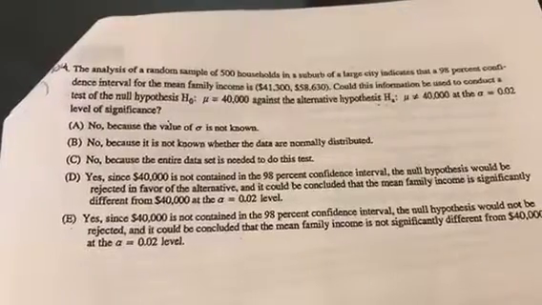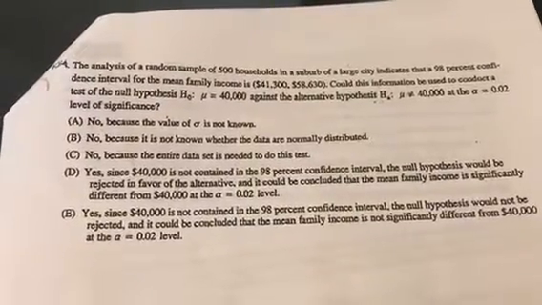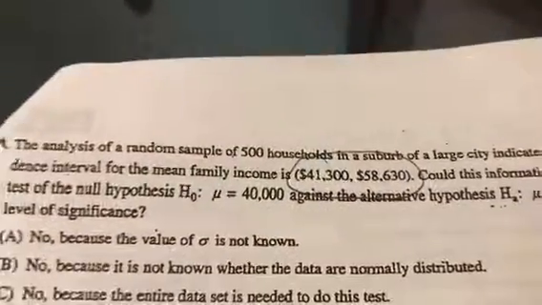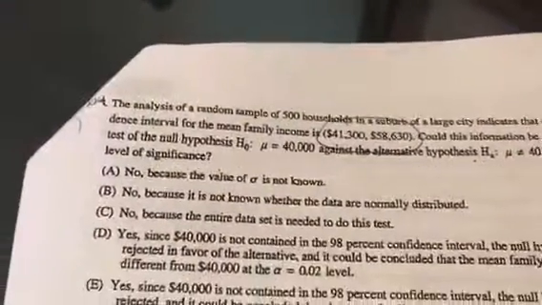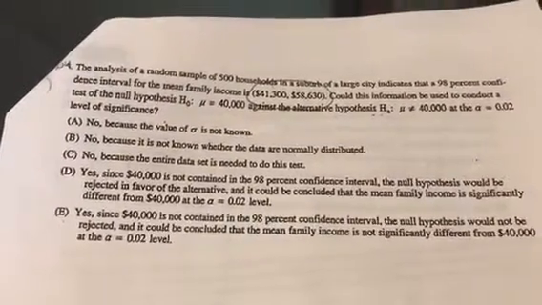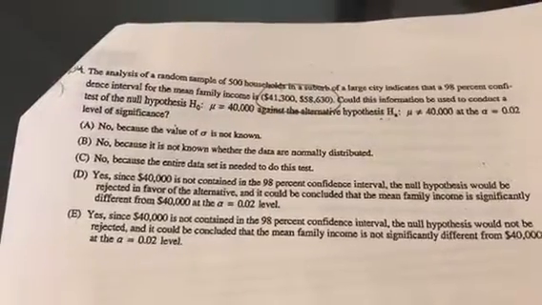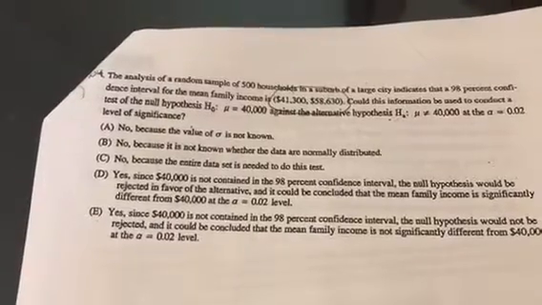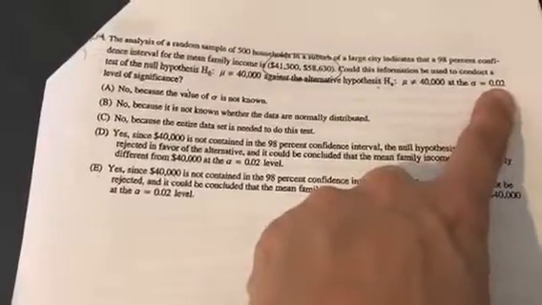104. It says the analysis of a random sample of 500 households in a large city indicated a 98% confidence interval for a family between this amount. So there's the confidence interval that was created. They did the work for us. We're just trying to decide, what does that really tell us? Could this information also be used to conduct a null hypothesis? Can we do a test using the null of 40,000 against an alternative hypothesis of something other than 40,000 at an alpha of 0.02?